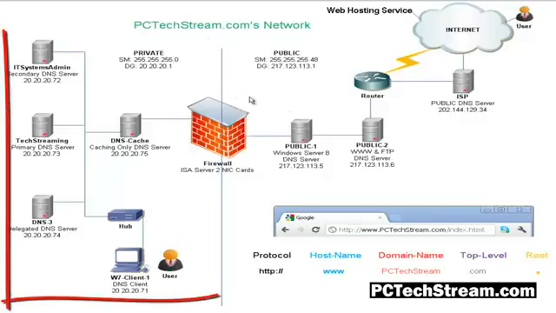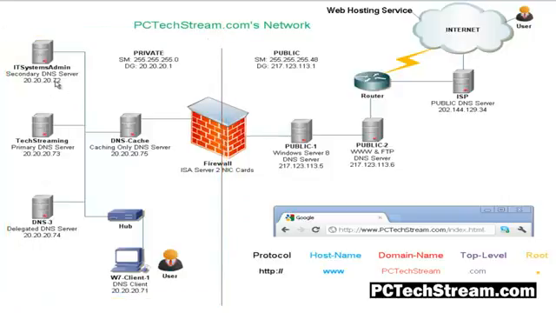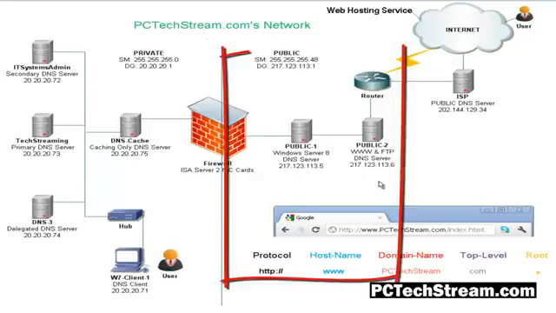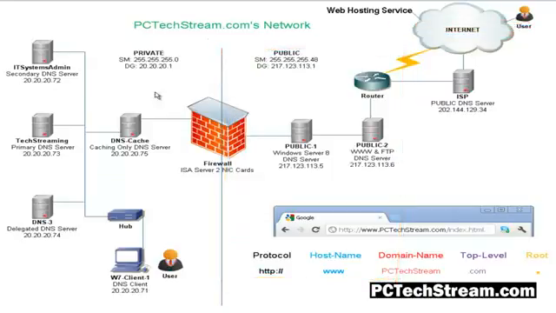Guys, listen up. We cannot use any IP address from this private network simply because we are not allowed to use those IP addresses here in this public network. And anyway, they are not gonna work. Okay, so after you get those public IP addresses, you just gotta go back to the web hosting company and let it know that you are gonna be hosting your own website right here in the public network.